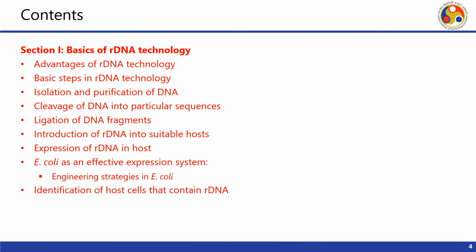For production of protein therapeutics, the gene that we clone into the vector needs to be expressed first, transcribed and then translated. So we will also have a discussion about the expression of recombinant DNA in the host.